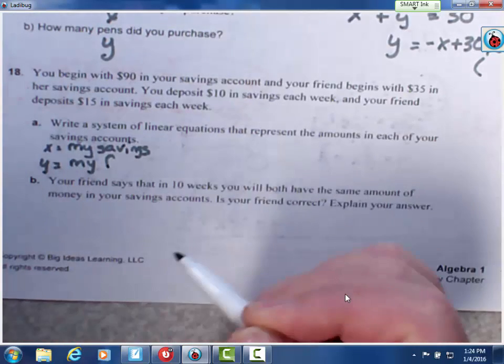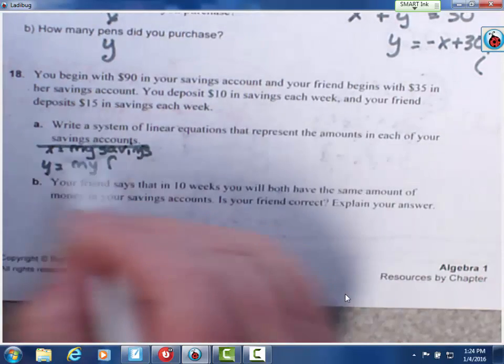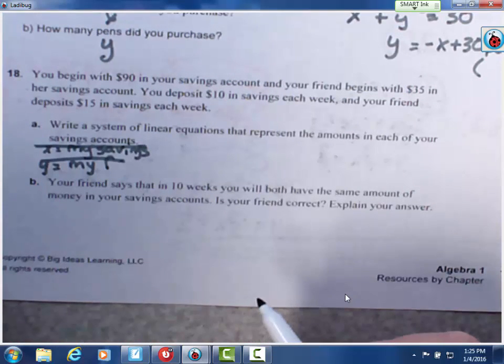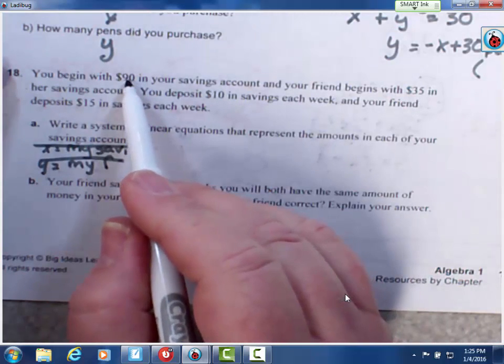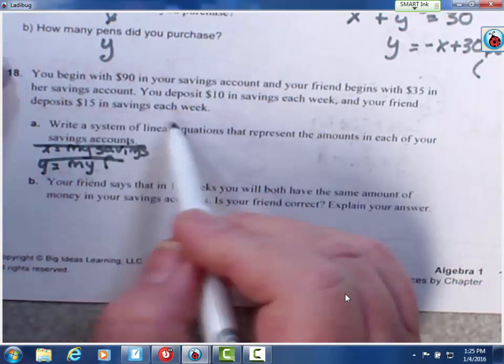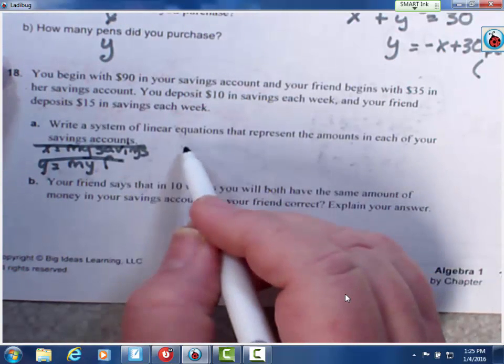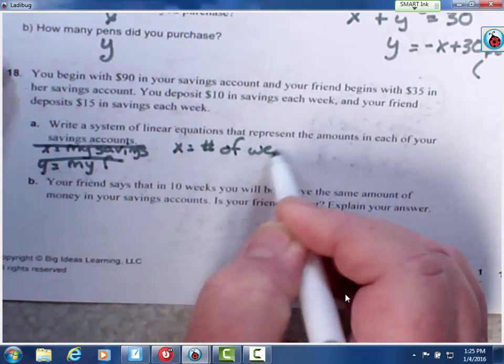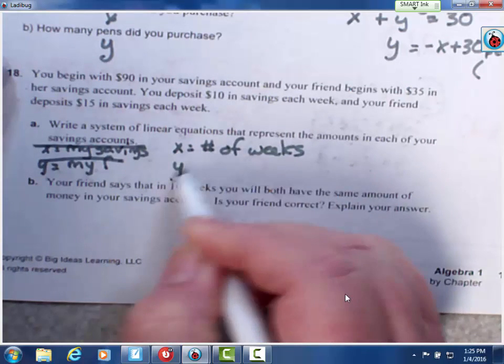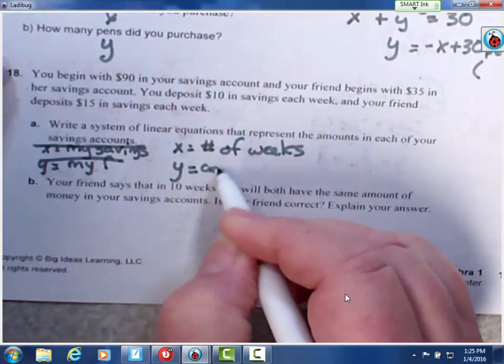Oh no, it can't be that. Okay, well let's see. If I begin with 90, X is going to be the number of weeks, and Y is going to be the amount in the account.